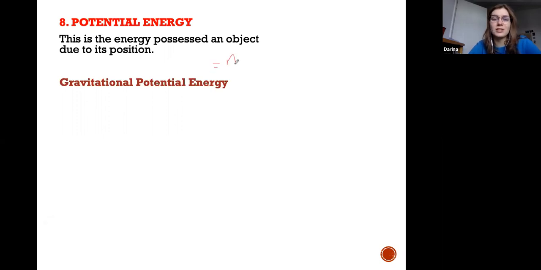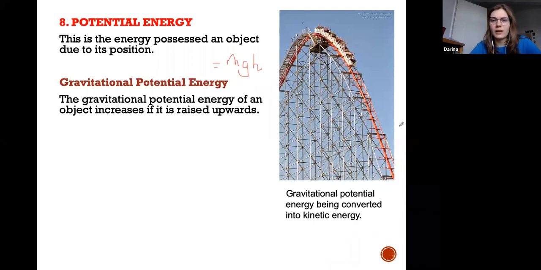Sorry, just mgh. I don't know where that half came from. GPE equals mgh. And remember, the further away from the surface of the Earth you get, the higher your gravitational potential energy. An example of increasing gravitational potential energy is going on a roller coaster or climbing a mountain.